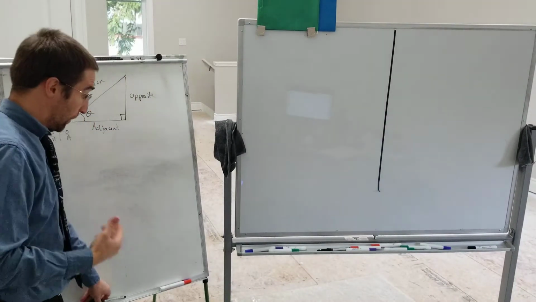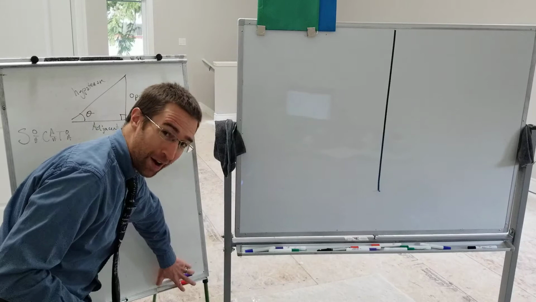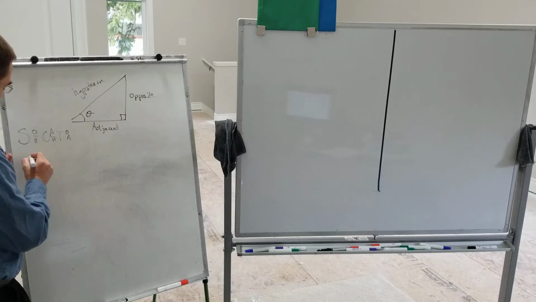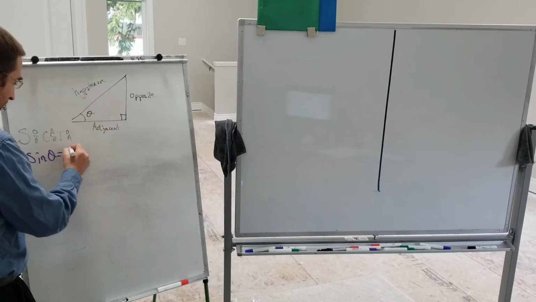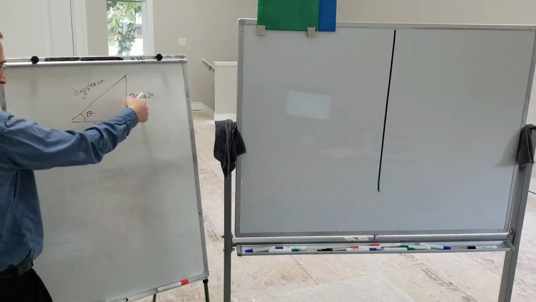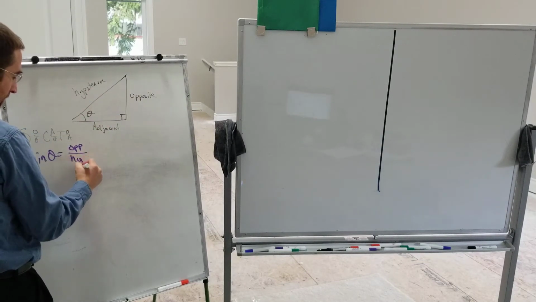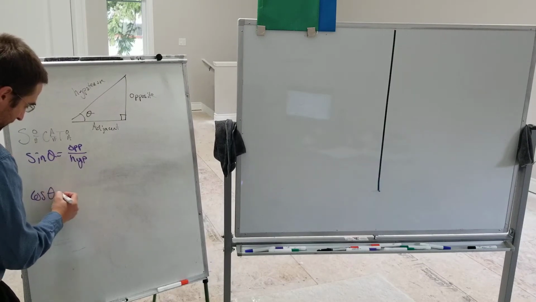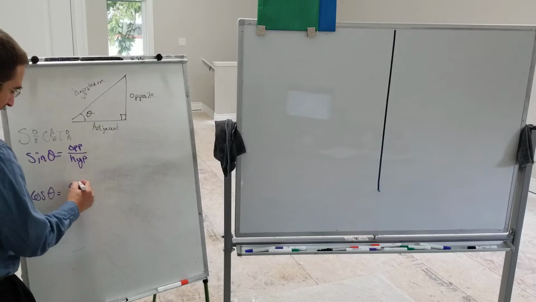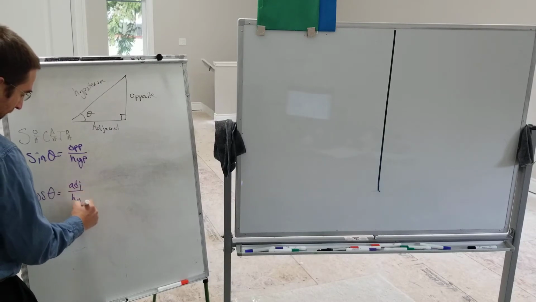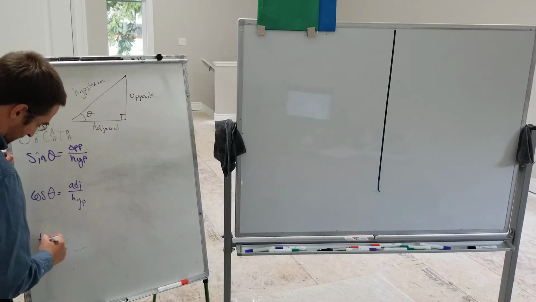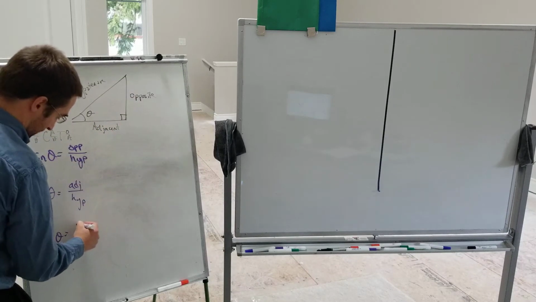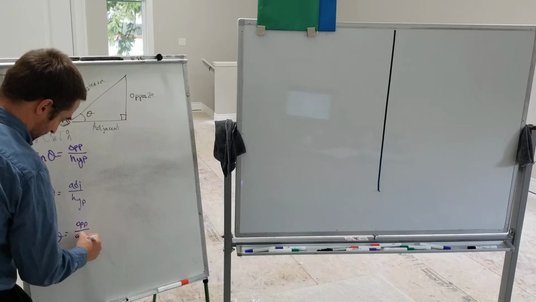This is a mnemonic device. It tells us that the sine of the angle is the opposite side divided by the hypotenuse. The cosine of the angle is the adjacent side over the hypotenuse, and the tangent of the angle is the opposite over the adjacent sides.